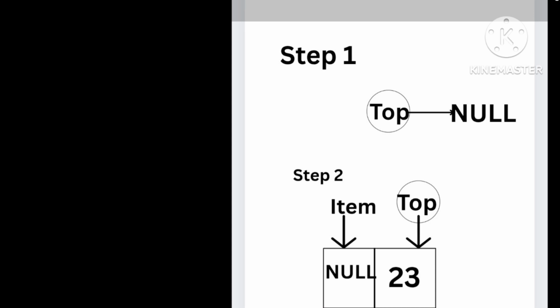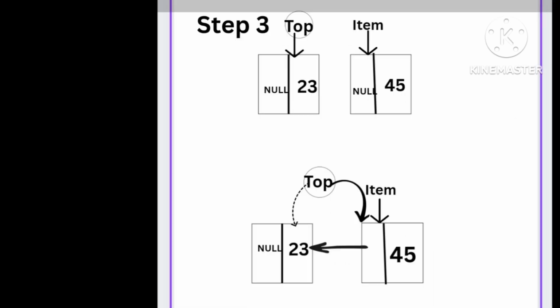Then we create the item node and assign the top pointer to the item node, that is, the item is the first node of the stack. In the next step, our stack is not empty. Then how will we insert an item onto the stack?